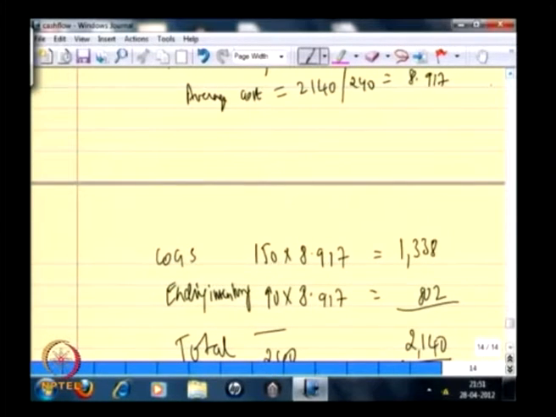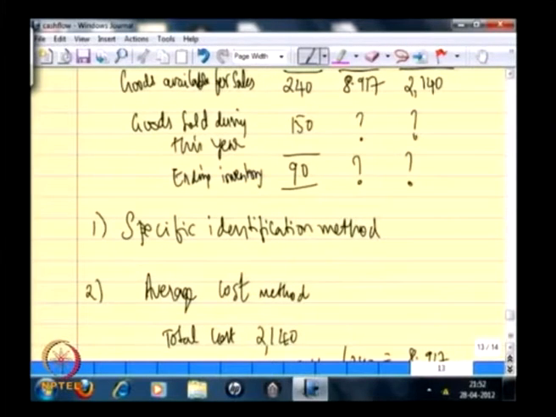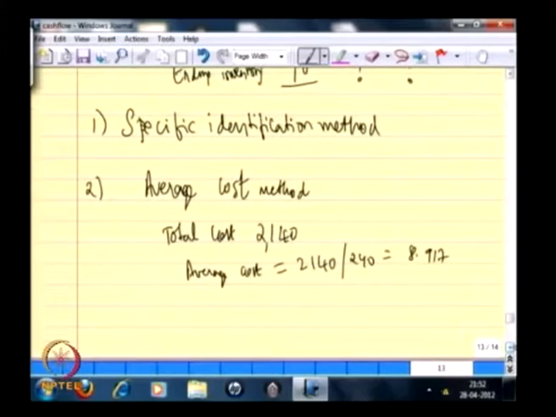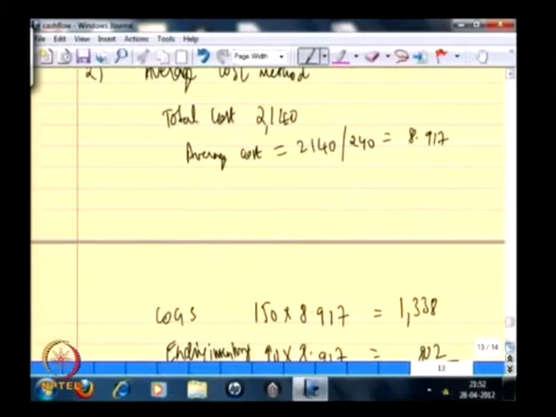In this case, the total does not alter, because again we are working backwards: we are calculating the per unit cost and then applying this per unit cost to the 150 units that get sold and the 90 that stay as finished good inventory. The method is important in that we are not specifically identifying each of the units as and when it got purchased and as and when it got consumed.